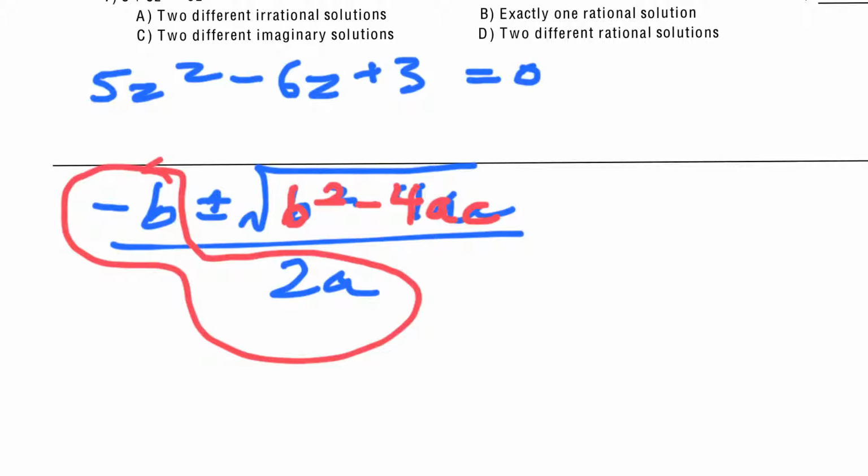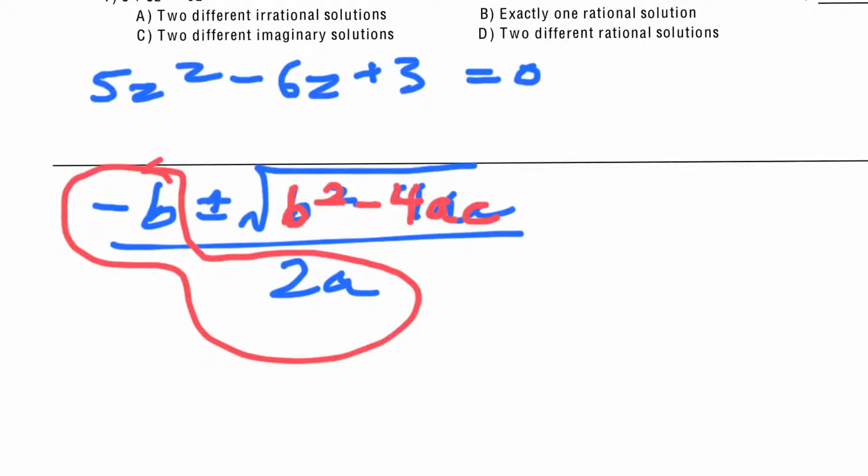If the discriminant is a perfect square, like 16, then we're going to have two rational solutions.